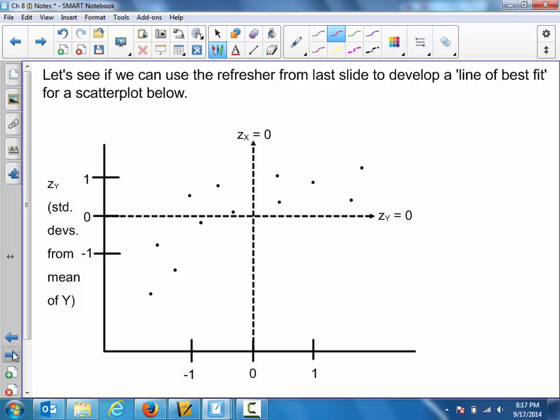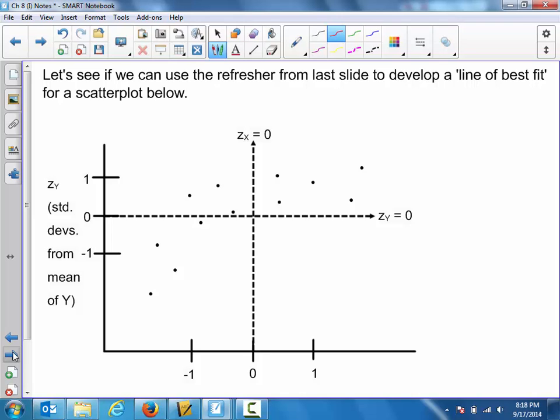All right, so building the linear regression model. In this next slide, you've got a scatter plot that I showed you in Chapter 7 Part 2 notes already. The data is not characterized by height and weight, or shoe size and GPA, whatever those two variables might be, but instead we've characterized the data by standard deviations from the mean of x and standard deviations from the mean of y.